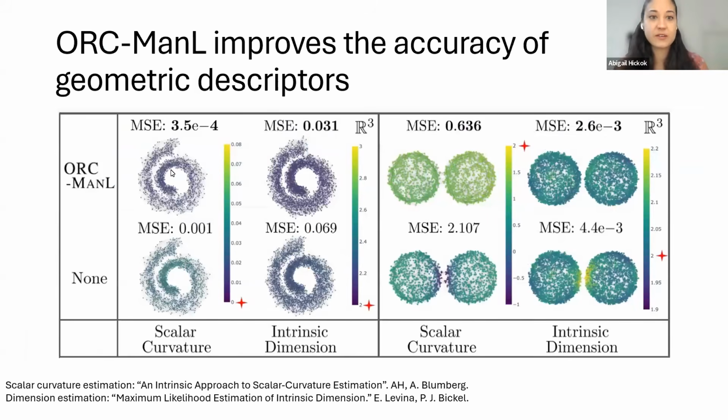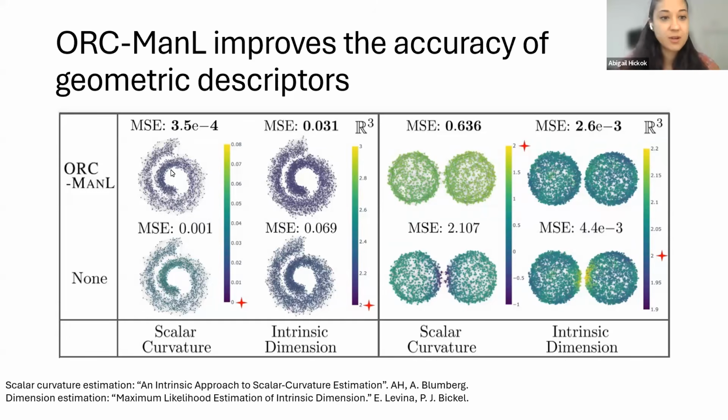Also makes it easier to calculate various other geometric descriptors, like for example, scalar curvature and dimension estimations. So here we're looking at 2 data sets. We have on the left Swiss roll with noise added. We can see that when we try and estimate scalar curvature, the mean squared error is a lot lower here.